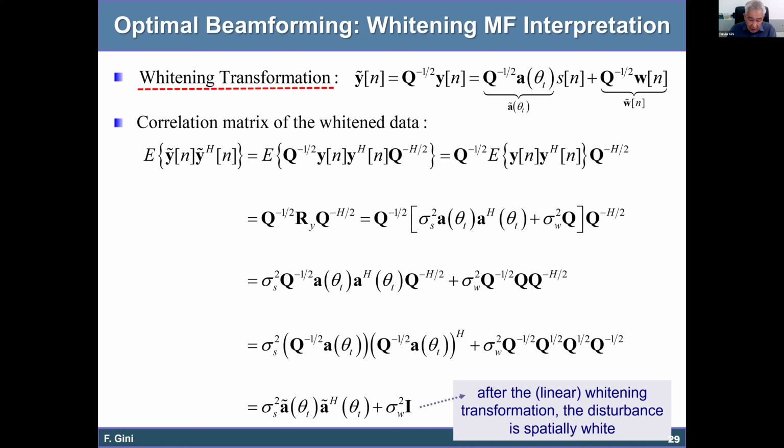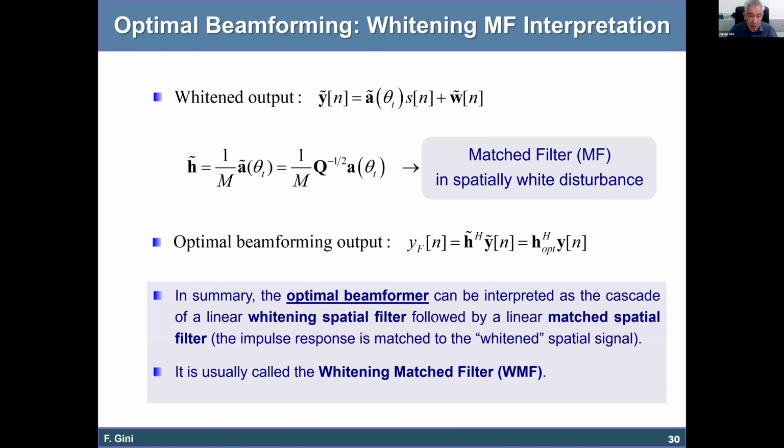So what we have done through this linear transformation is we have decorrelated the disturbance samples. So we have whitened the data. So this is a linear whitening transformation. So in other words, the optimal beamformer can be interpreted as the cascade of two operations.